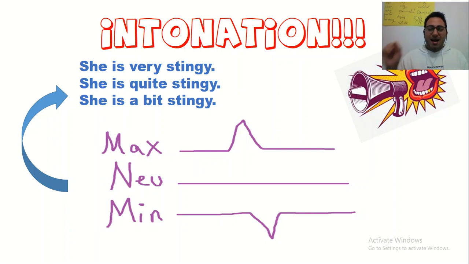For example, for a maximizer like very, as you mentioned, the high pitch was correct. For the neutral one, the flattened pitch, a very steady pitch, was correct. And for the last group, the minimizer, the lower pitch was correct.